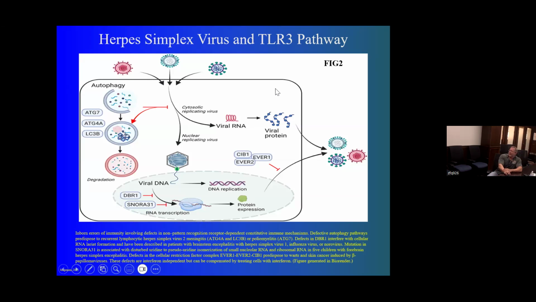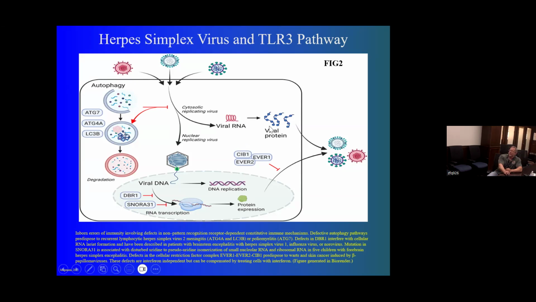So in this example, when the TLR3 pathway is deficient, what we see in this inborn error of immunity is that because the TLR3 signaling pathway is deficient, we don't get the production of interferon gamma that we're looking for, and eventually we're going to have a much more robust viral infection than we normally would.